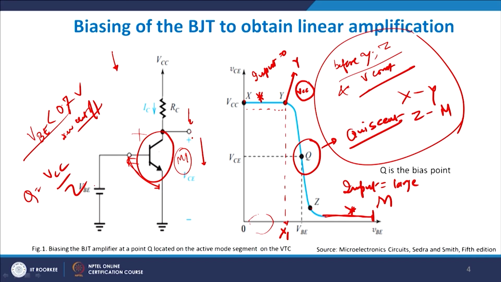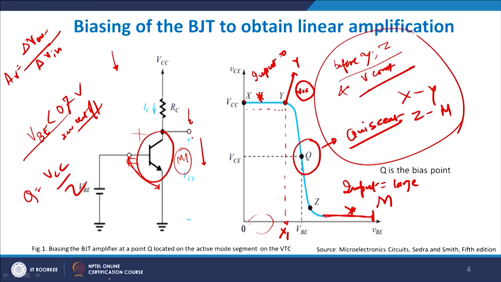Are you able to get the picture? Because AV will be equal to del V out by del V in, which means that the output voltage will depend upon the input voltage as such, right.